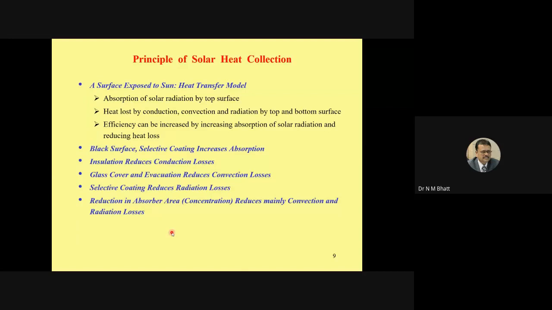Okay, so now whenever you read any novelty, when you read any research paper, you will find that it includes one of these principles to improve the efficiency.